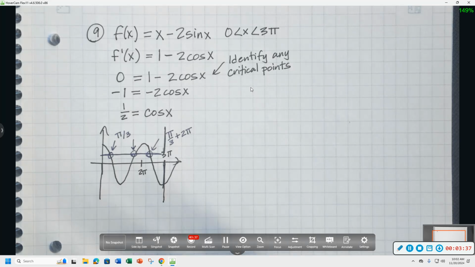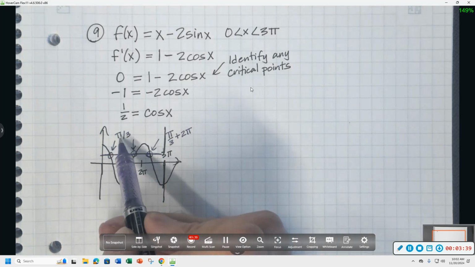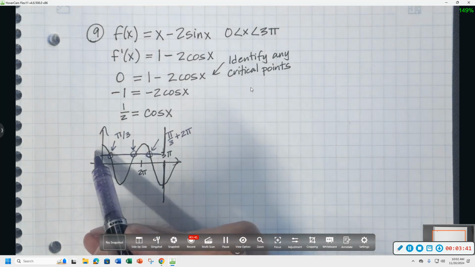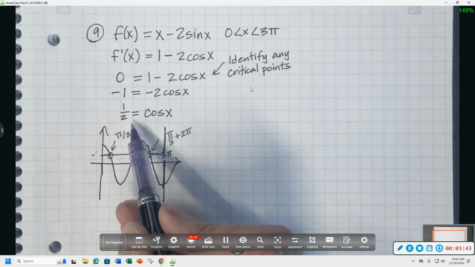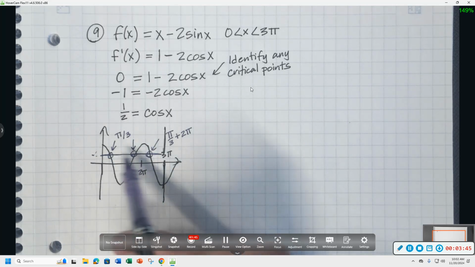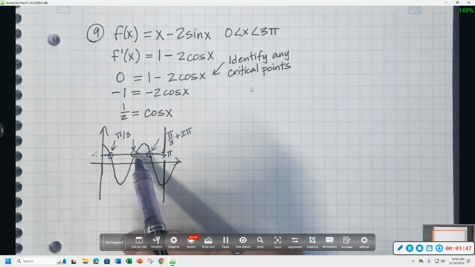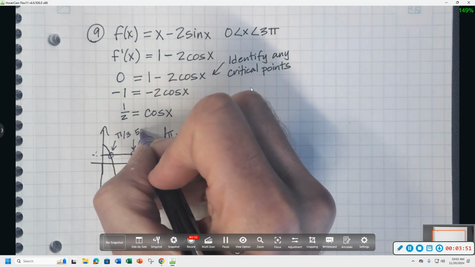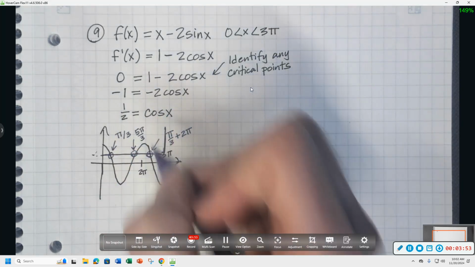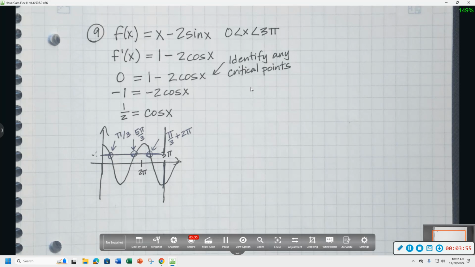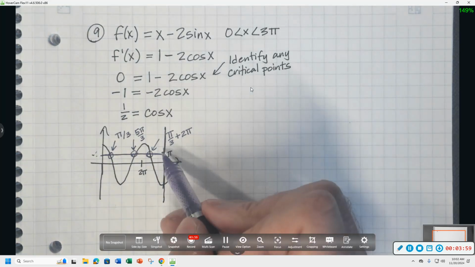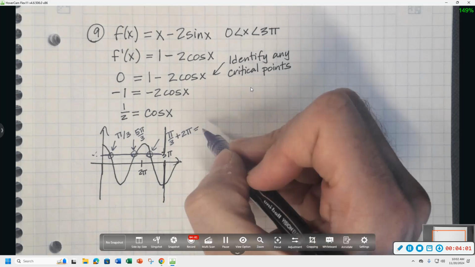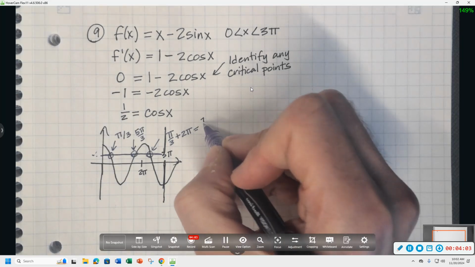With cosine, pi over 3 is going to get us 1/2. Negative pi over 3 is also getting us 1/2. This point is 2 pi plus negative pi over 3, or just 5 pi over 3. So those are the 2 points on the unit circle, pi over 3 and 5 pi over 3. And then we've got this extra one, which is 7 pi over 3.